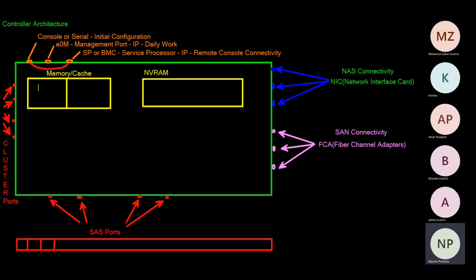One is a write part, and another one is a read part. When it comes to NVRAM, it also will be divided into multiple parts logically, but the number of parts depends on your controller.